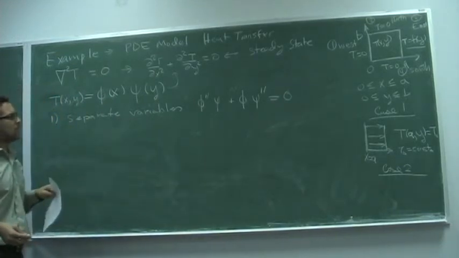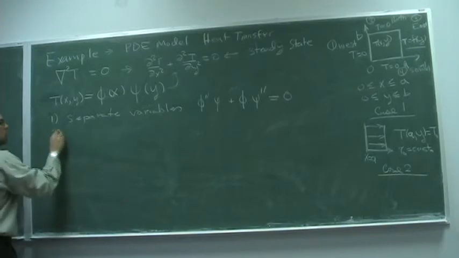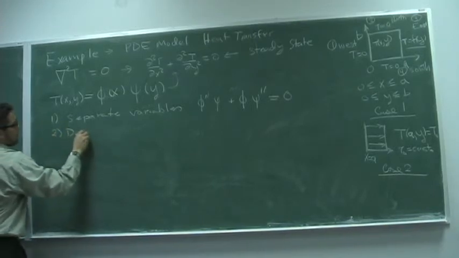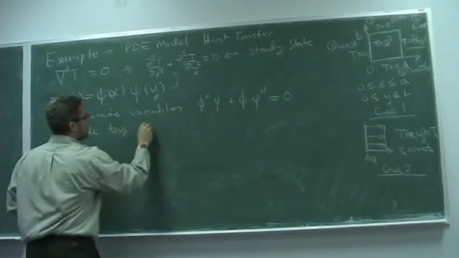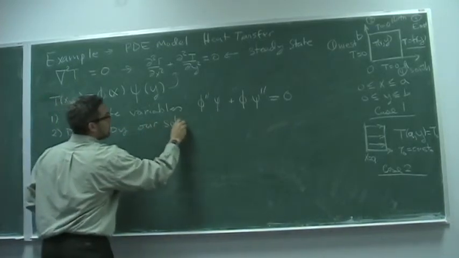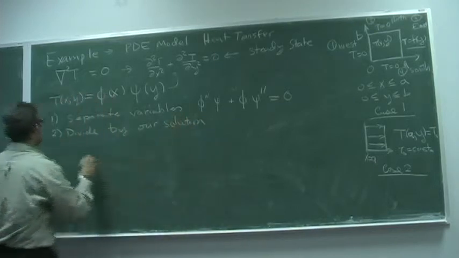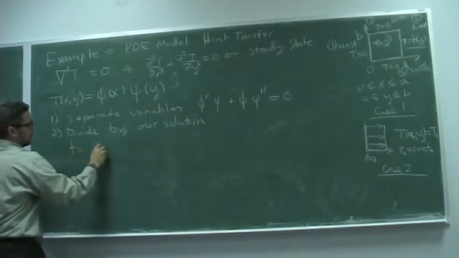All right, so that's what we have there. Now we can go ahead and separate variables by dividing. Number 2, divide by our solution to separate.